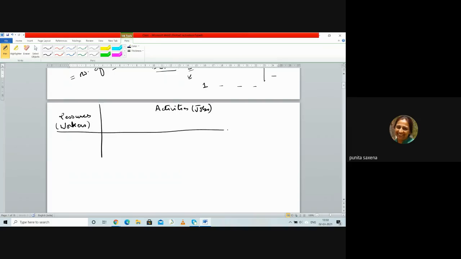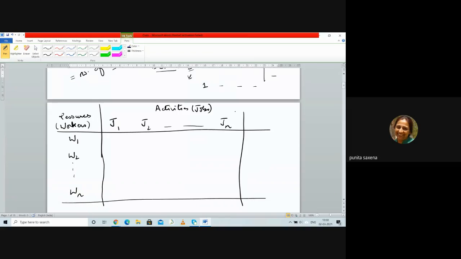So it's like, supposing you have W1, W2, and so on, say n number of workers with you, and accordingly you have the jobs, J1, J2, Jn, the n number of jobs that you have. So this is how things are going to look.